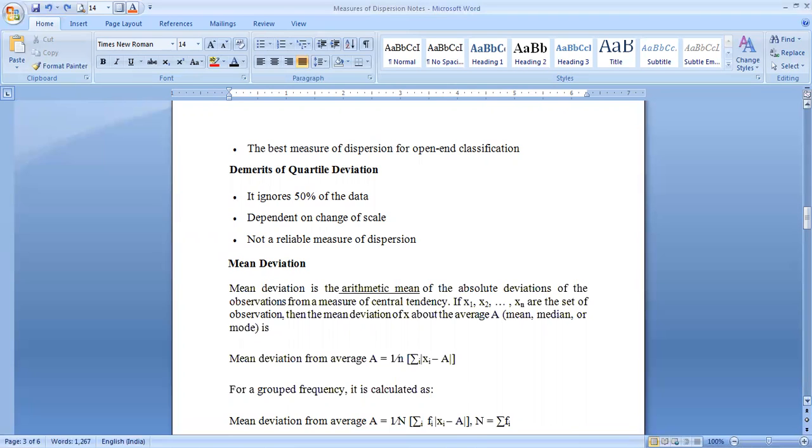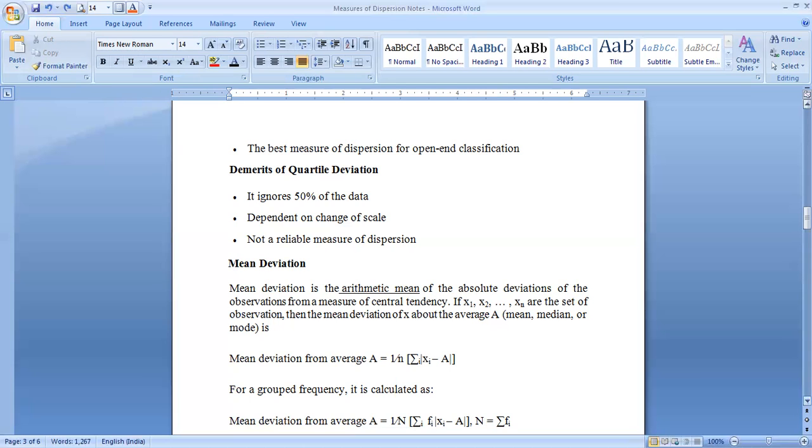If x1, x2, x3 till xn are the set of observations, then the mean deviation of x about the average value A, where A means an average, maybe mean, median or mode, or another average value, can be defined as 1 upon n multiplied by summation of modulus xi minus A. Small n represents the total number of data in the given data set, xi represents the respective data, and A is the average value by which the mean deviation is to be calculated. A may be mean, median or mode.